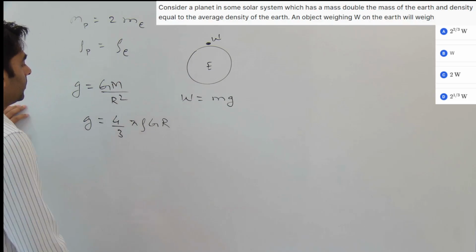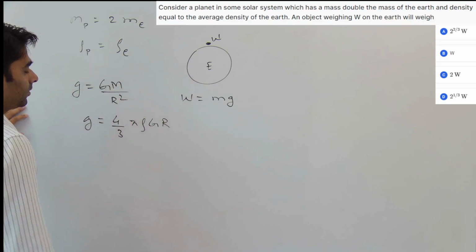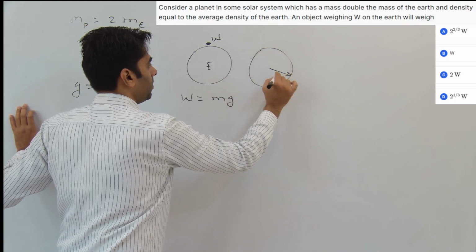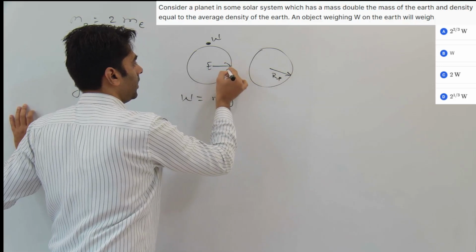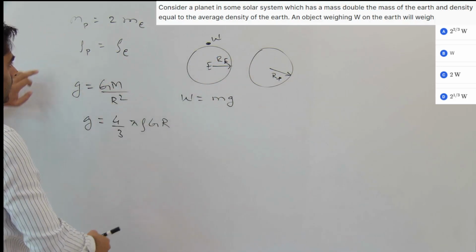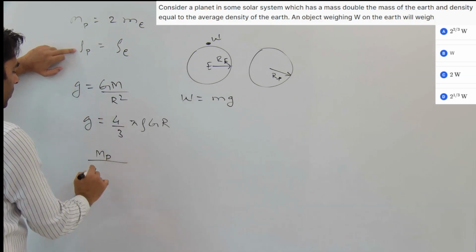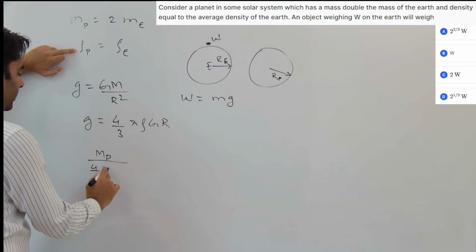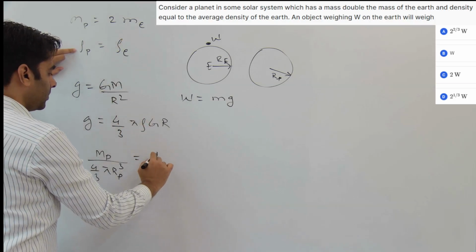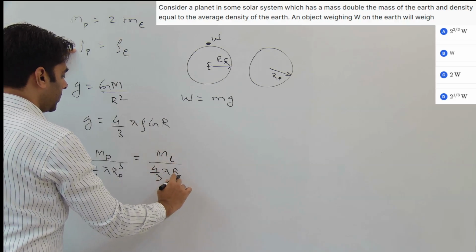Now, if you notice carefully, density for both of them is the same, but the radius differs. How can we relate the radius of the planet Rp and the radius of Earth Re? Density is given equal. So the density of the planet is the mass of the planet by its volume, 4 by 3 pi Rp cube, equal to the density of Earth, mass of Earth by 4 by 3 pi Re cube.